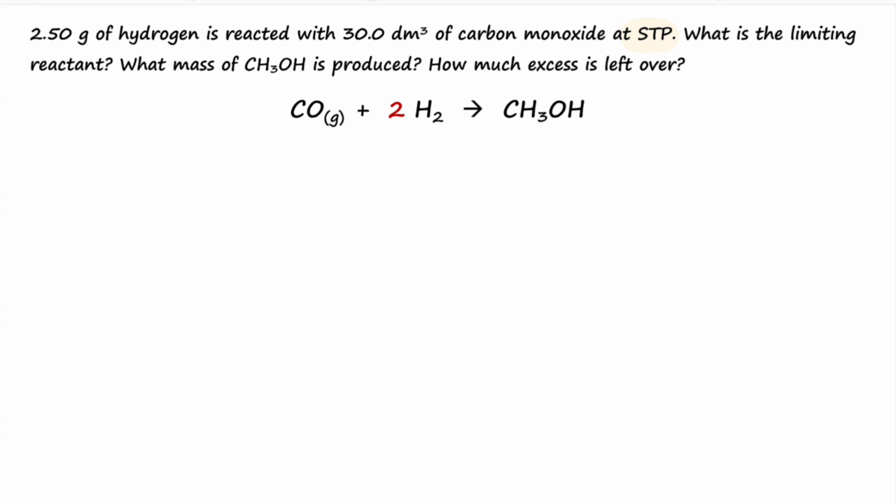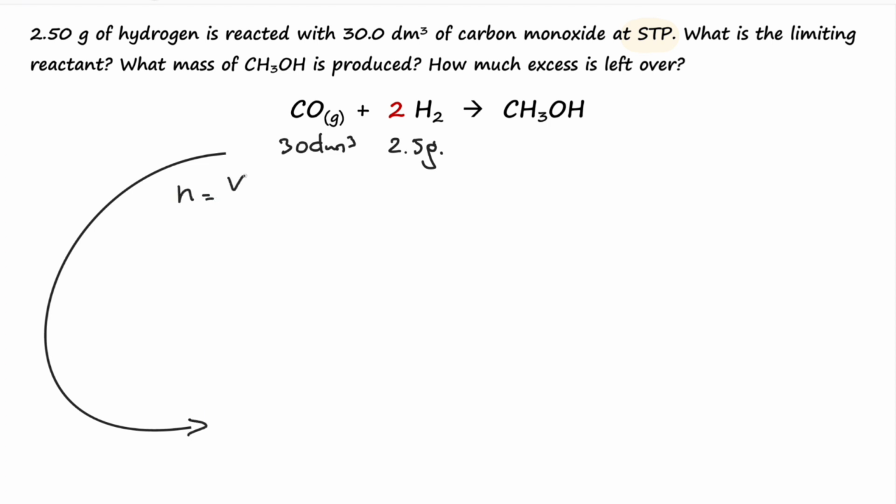So you have 2.5 grams of hydrogen and 30 decimeter cube of carbon monoxide. The mole will be equal to volume divided by 22.7 because here it is at STP.